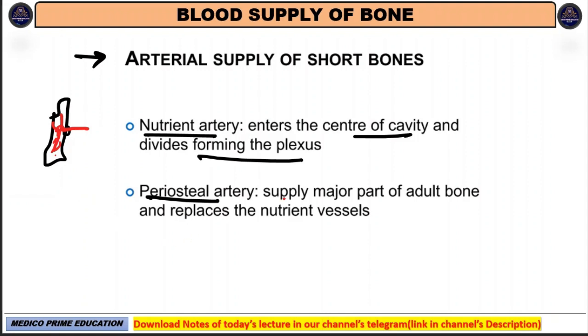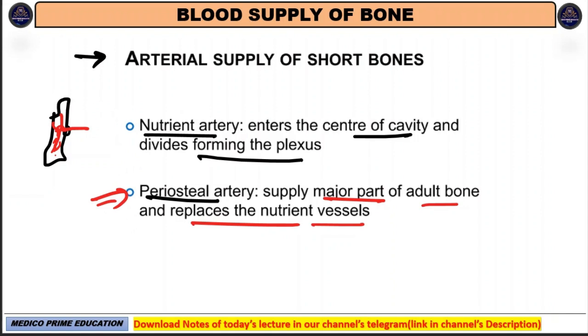The periosteal artery supplies the major part of the adult bone and replaces the nutrient vessels. It provides nutrients to the periosteum. So this is the blood supply of the long bone and short bone.